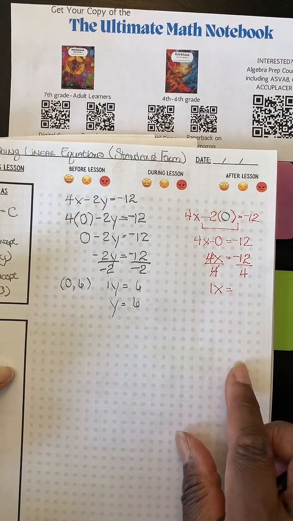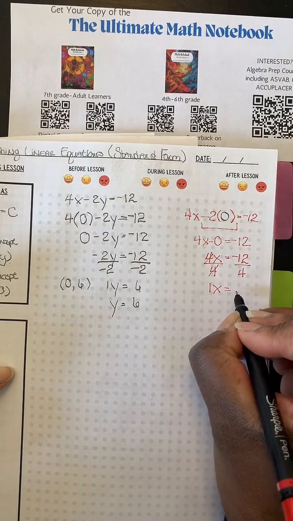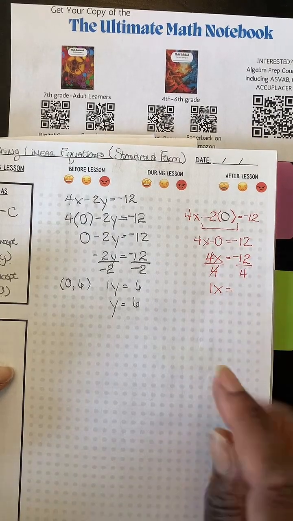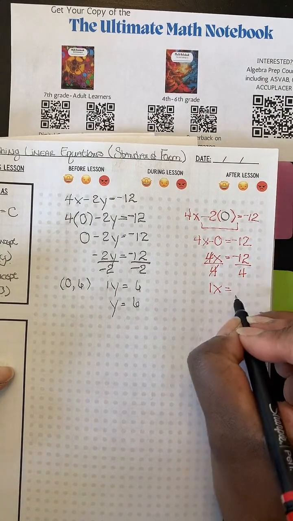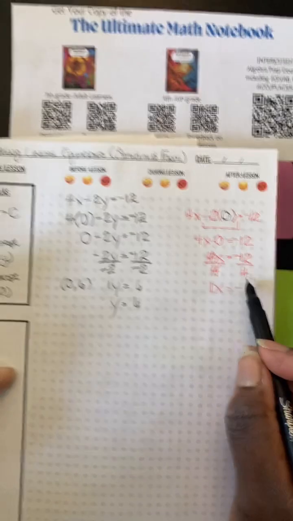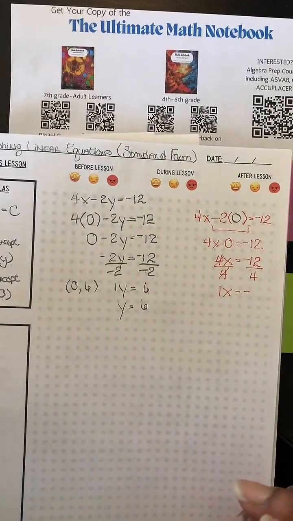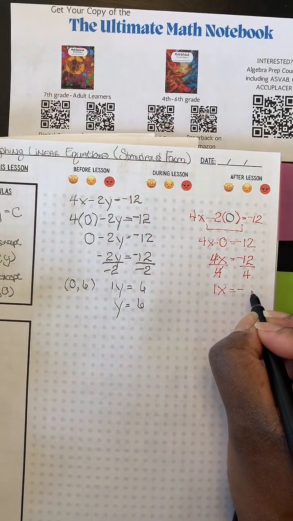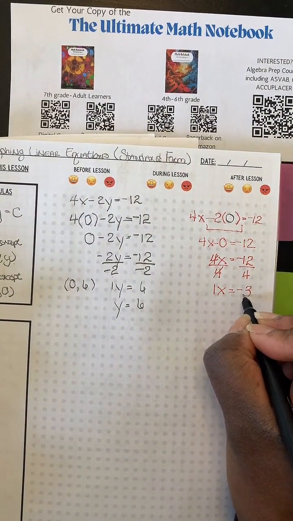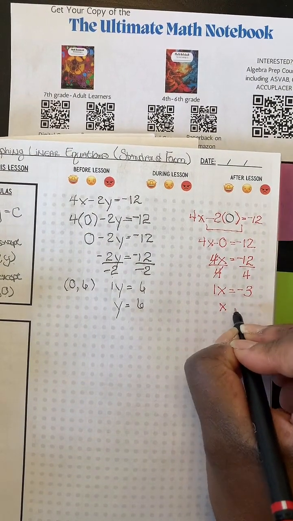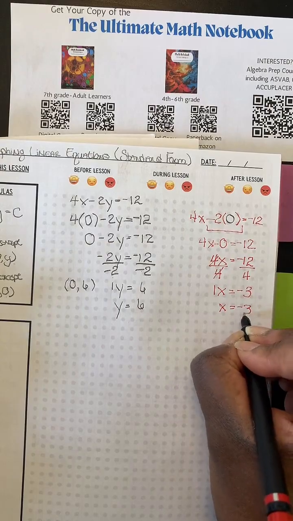When the signs are different through multiplication and division, your answer is always going to be negative. And 12 divided by 4 is 3. So 1x equals negative 3, or x equals negative 3.